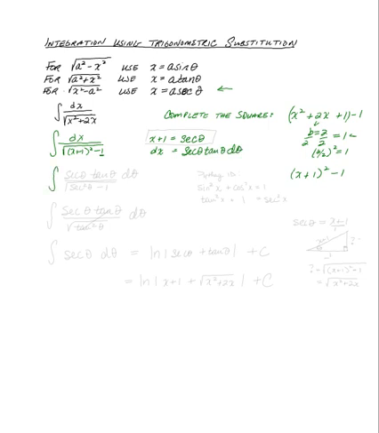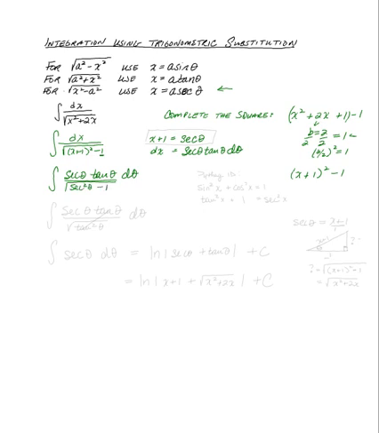So now we have dx, which is secant of theta tangent of theta d theta, divided by the square root of my x plus 1, which is secant squared theta minus 1.